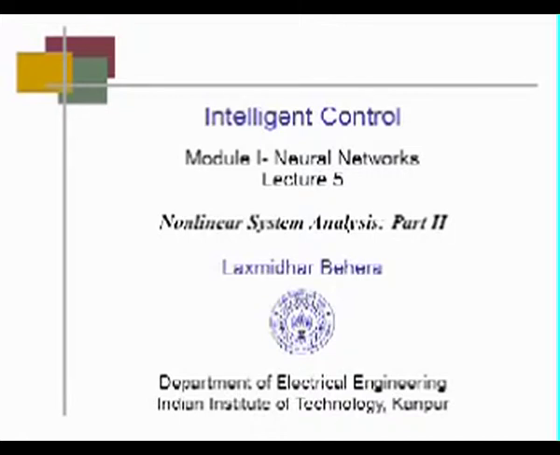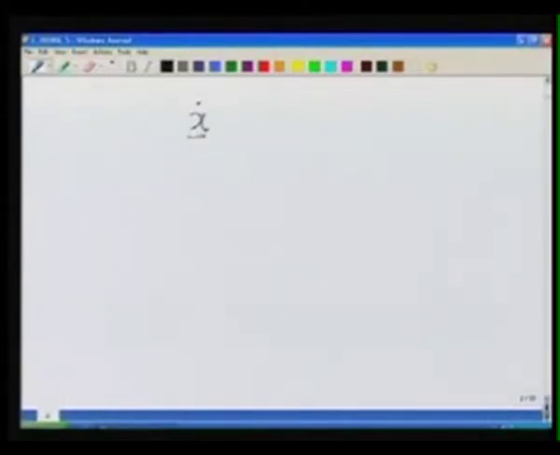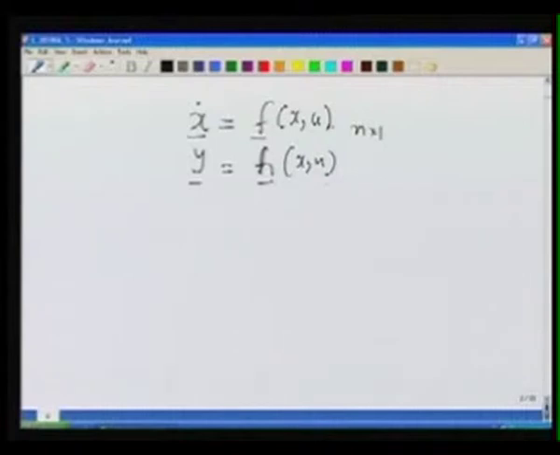In the last class, we represented a general nonlinear system in a state space format, where these are your states and this is your output. f is a nonlinear function, it is a vector, also h is a vector, these are all n-dimensional vectors, and y is a p-dimensional vector.